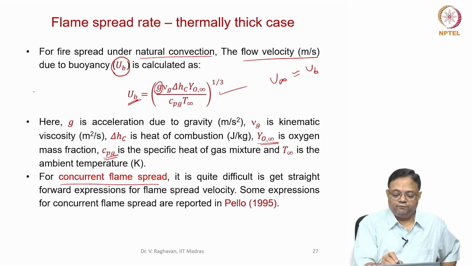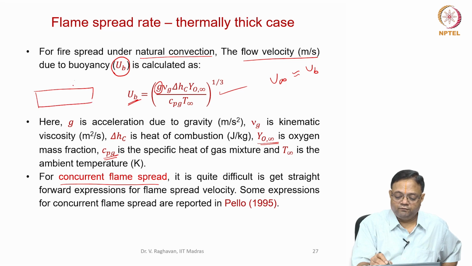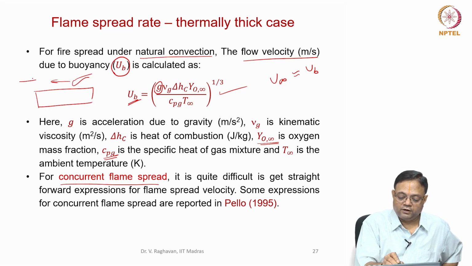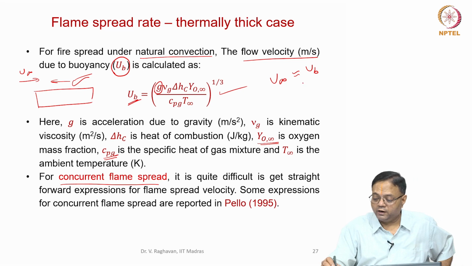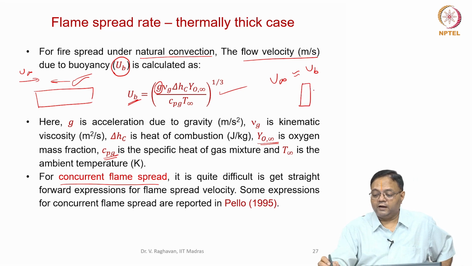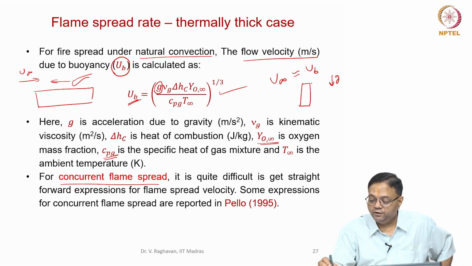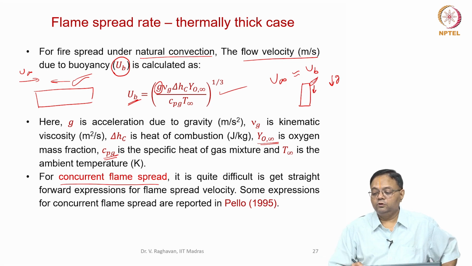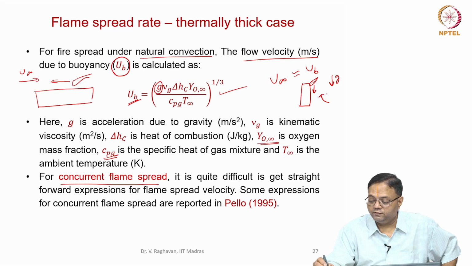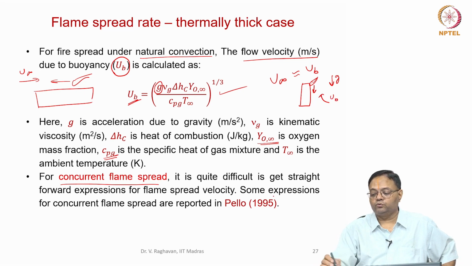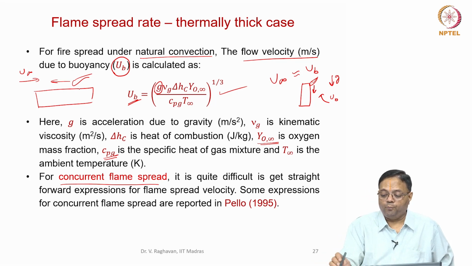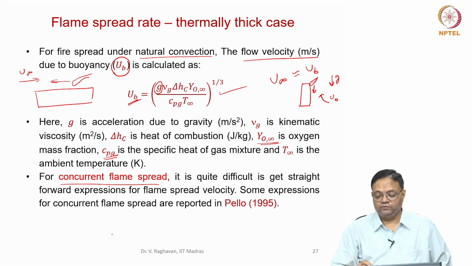Okay, that may be in the forced convection, the flame propagates in this direction, u infinity will be in this direction, or in the natural convection case, this is g, flame actually is ignited at the top, and the buoyancy induced flow will be in this direction, u b will be in this direction, and the flame spreads in the opposite direction to the buoyancy induced flow. So, these are the opposed flame spread aspects which you have seen.